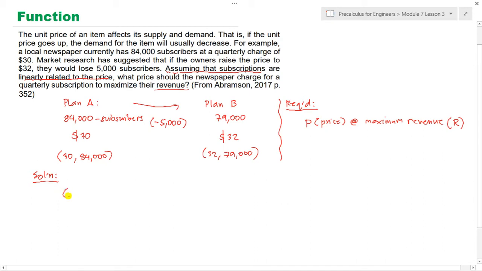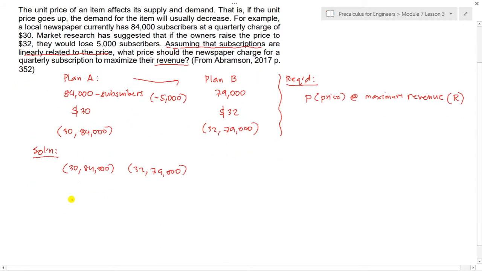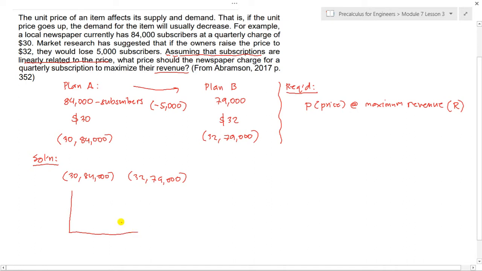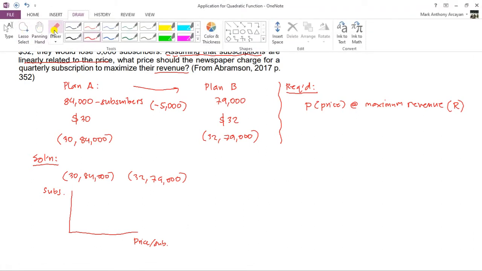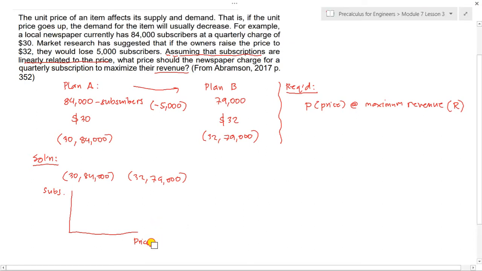Since we have 2 points, 30, 84,000 and 32, 79,000, meaning if we're going to plot subscribers with respect to the price, this is the price of a newspaper. Okay, so a linear relationship exists.